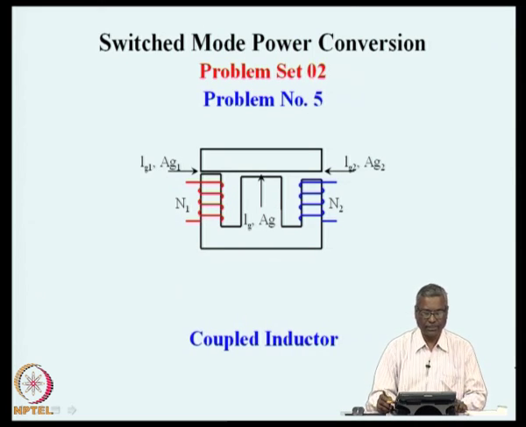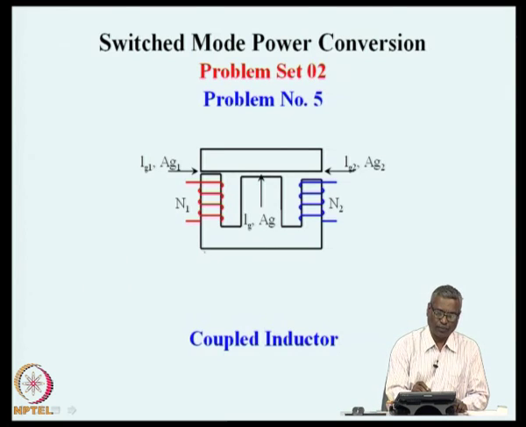What you notice is a magnetic circuit which has 3 limbs, 1, 2 and 3.